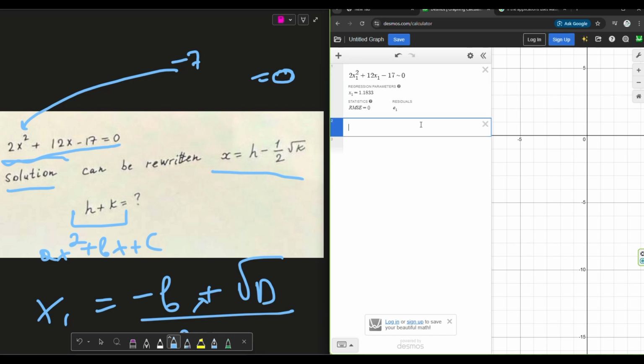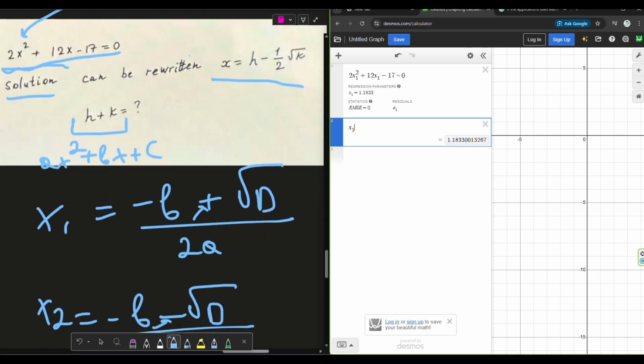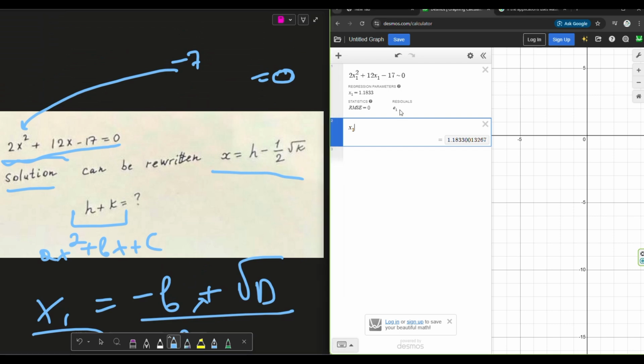Now you will see why. And I will put my solutions instead of x1. That's why I'm using x1. And in this case, because I have two solutions, let's say x1 and x2, we'll use square brackets because I can put two or more values.